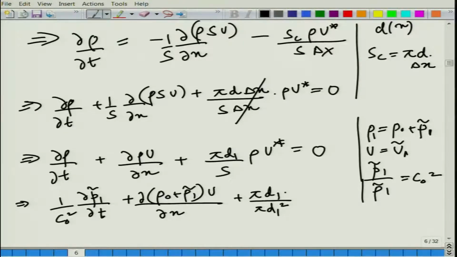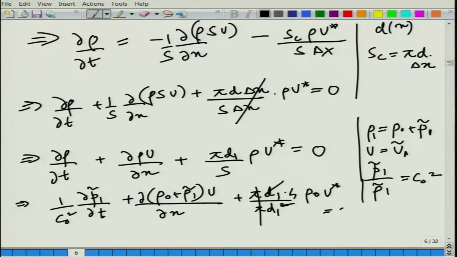So, 4 goes in the numerator, and this is rho naught plus rho 1 tilde, and rho 1 tilde you can ignore because this will be multiplied by u star. So, I would just put this as u star, and there is a cancellation here.